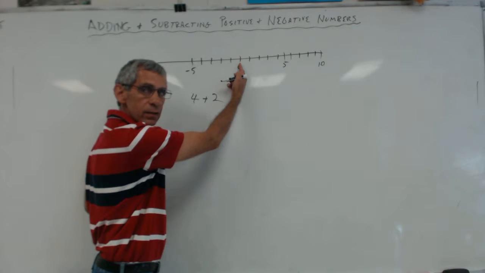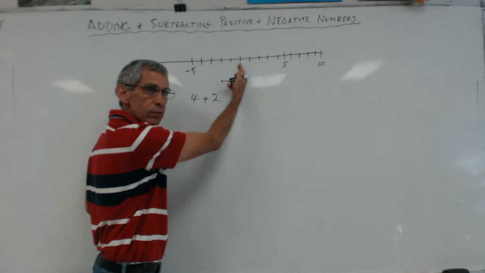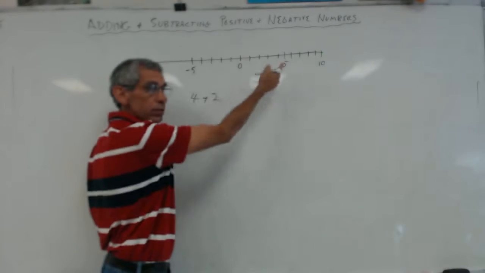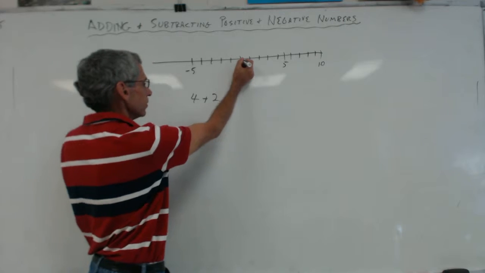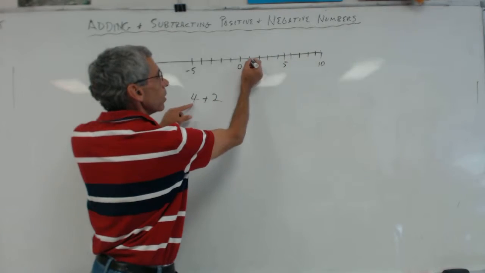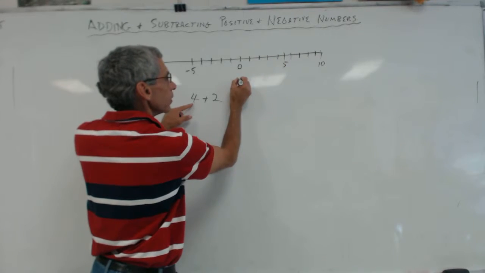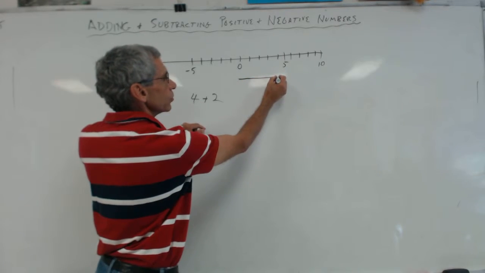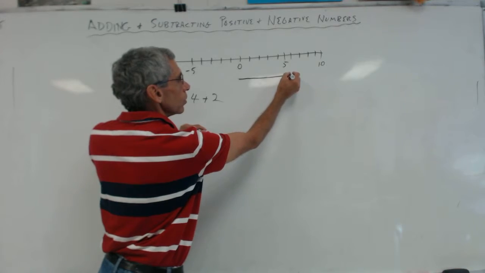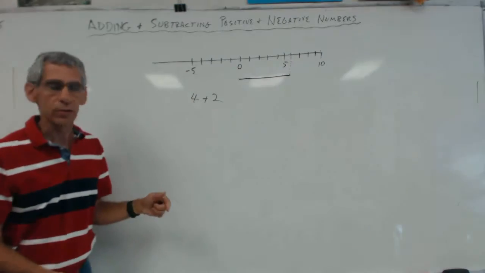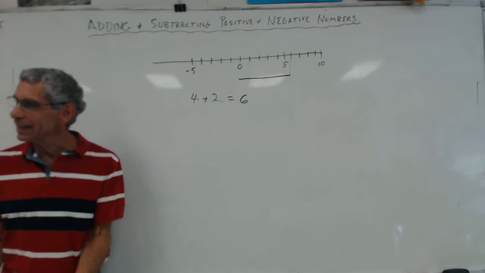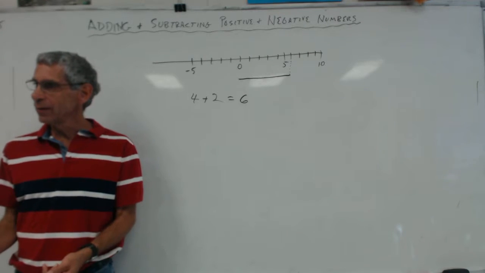You go to 4: 1, 2, 3, 4. And then it says I have to add 2. So I'll add 2: 1, 2. So 6 is my answer. 4 plus 2 is 6. Everybody knew, right?